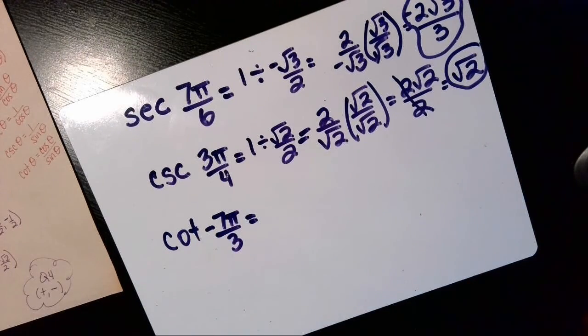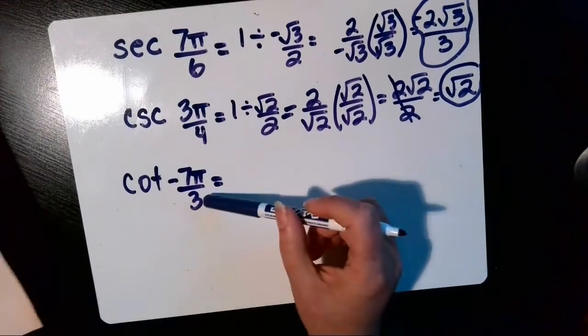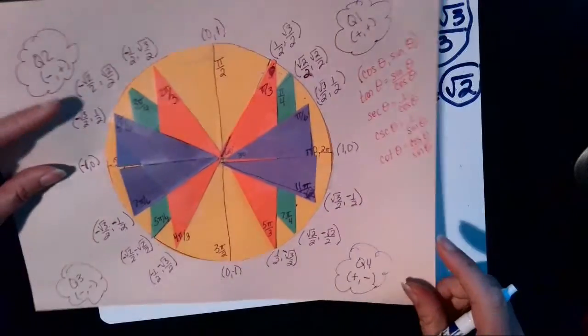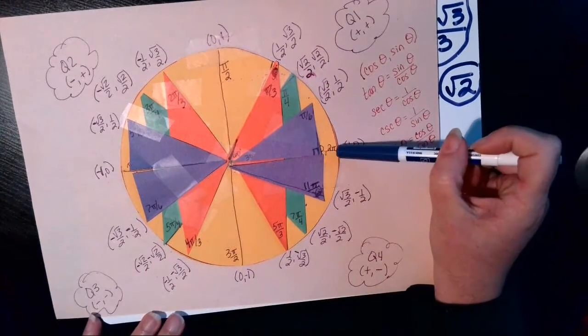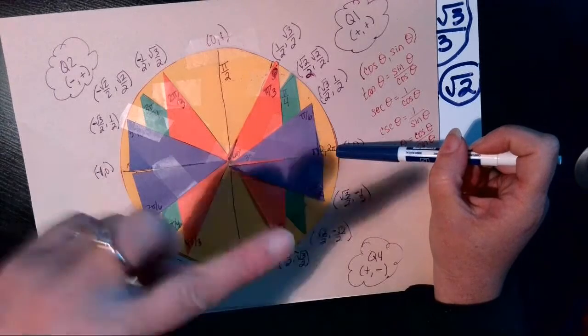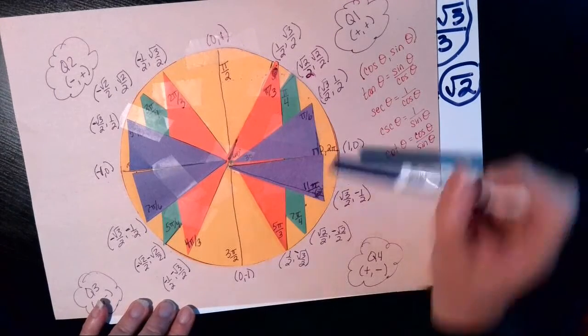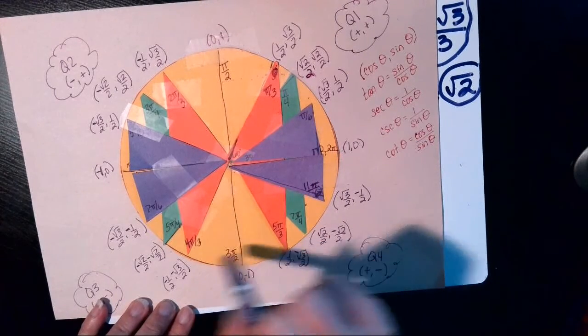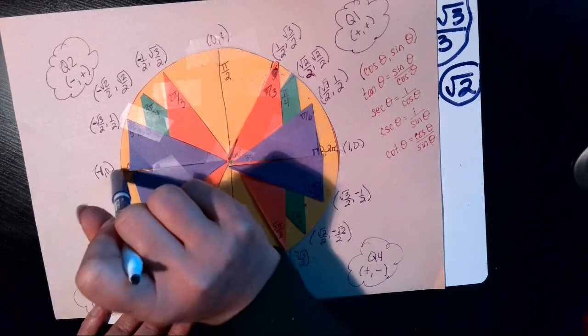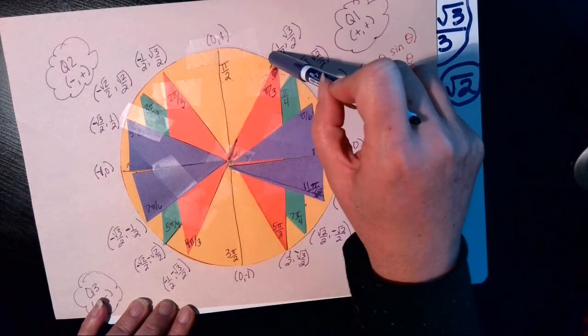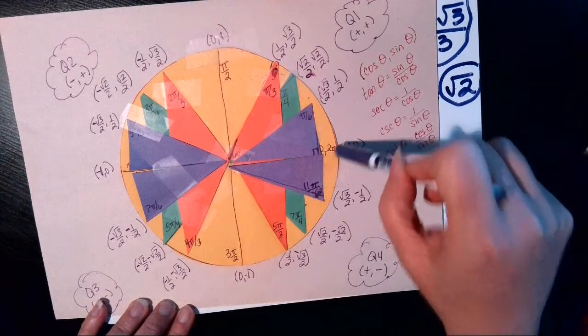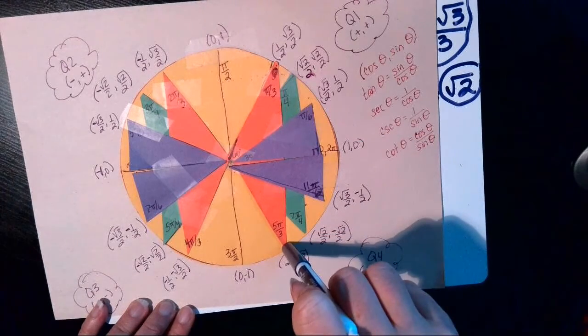That's trickier. So if we're looking for negative 7 pi over 3, and negative angles go in the clockwise direction, so we're going to start here at 0 and count backwards around our circle. So this is negative 1 pi over 3, negative 2 pi over 3, negative 3 pi over 3, negative 4 pi over 3, negative 5 pi over 3, negative 6 pi over 3, negative 7 pi over 3.